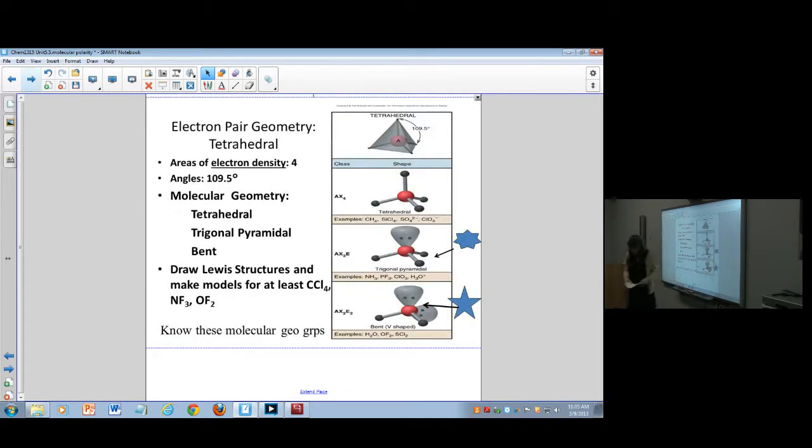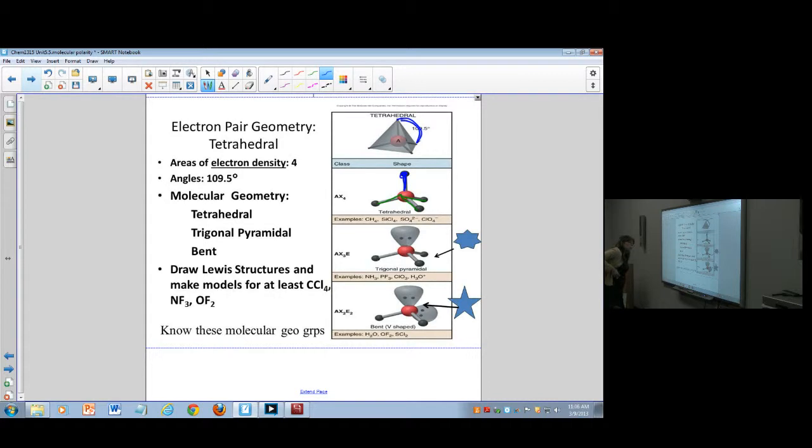All right, let's move on to our tetrahedrals. Our tetrahedrals are the ones that have the tripod base, 109 degrees between the angles. And this is like the camera at the top of the tripod.